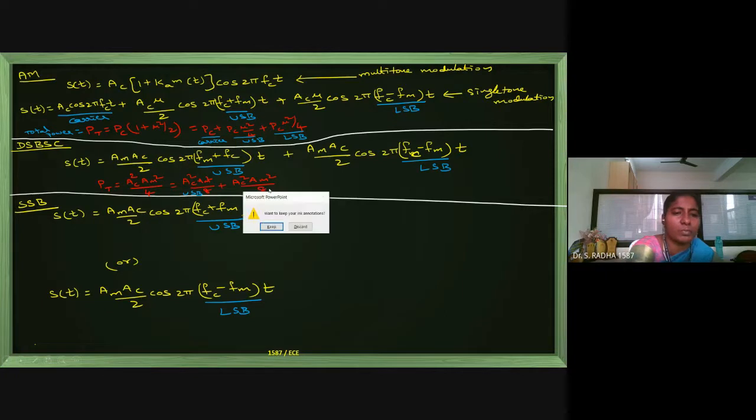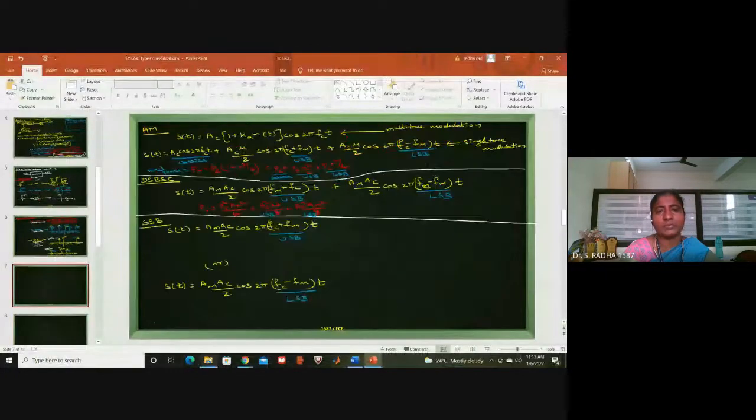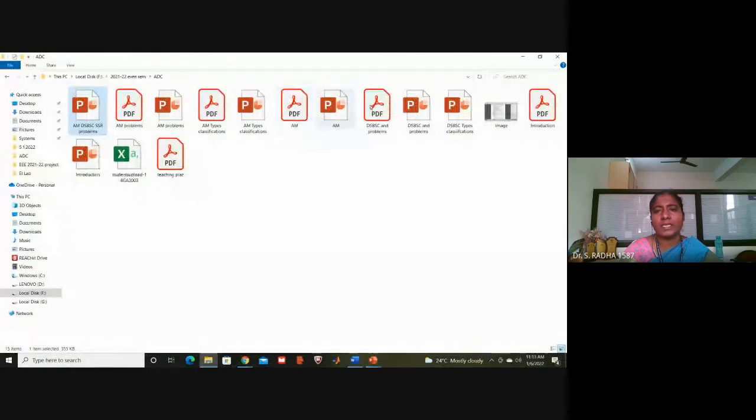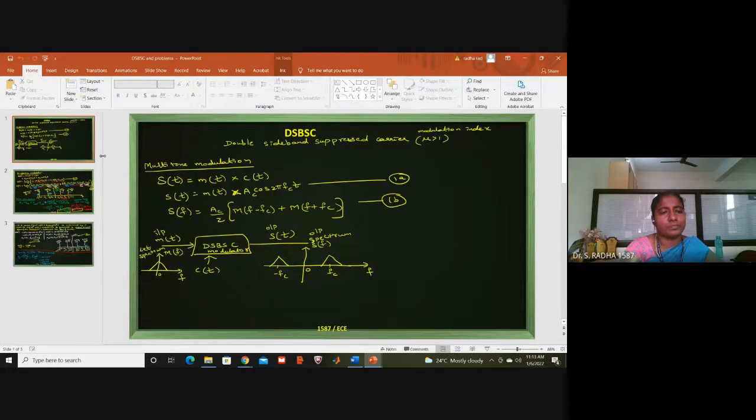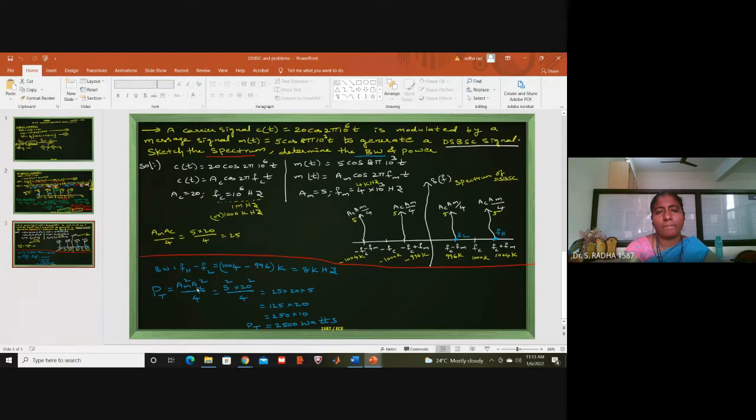We have also done problems in DSBSC where we calculated the total power. You can see here the total power is Ac² Am²/4.